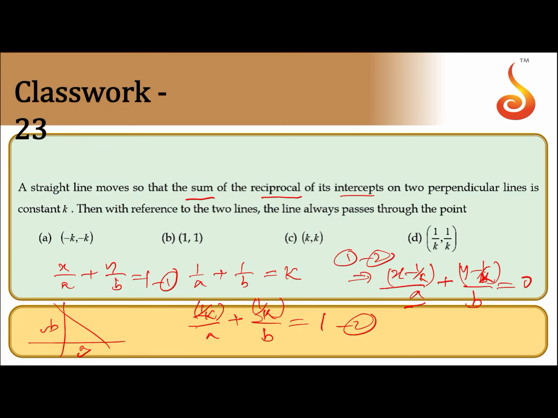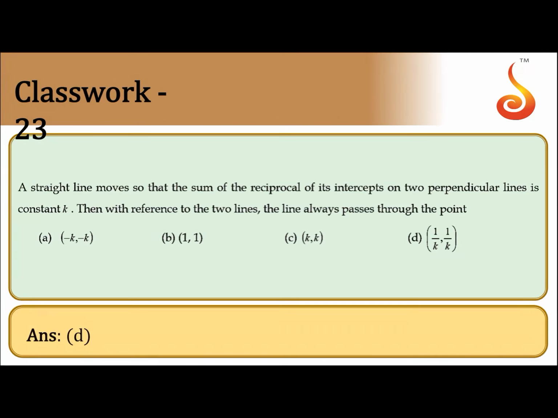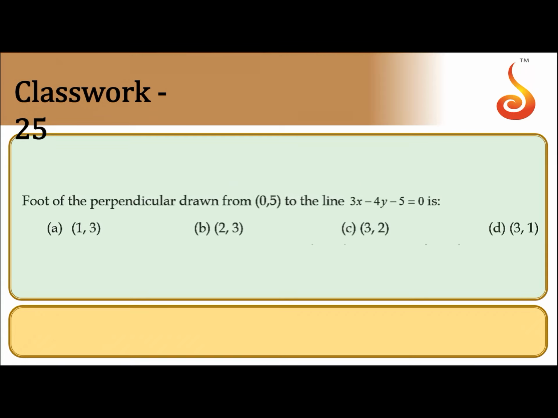Clearly you can see that irrespective of the a comma b values, this is a straight line passing through 1 by k comma 1 by k. So it is a fixed point. Irrespective of whatever the a comma b values are, the line always passes through the point 1 by k comma 1 by k. So the answer is D.